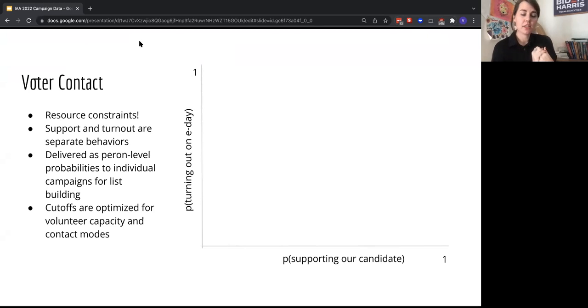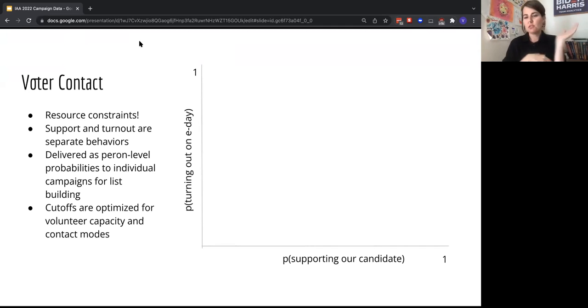Then we deliver a lot of these scores at the person level, as probabilities that go to individual campaigns who are doing list building, which is deciding who to do contact with. And the cutoffs themselves are optimized for volunteer capacity, contact modes, and lots of other constraints. But this is to walk you through how we'll actually use some of these probabilities that we build as a team.